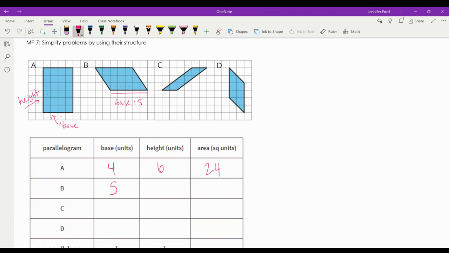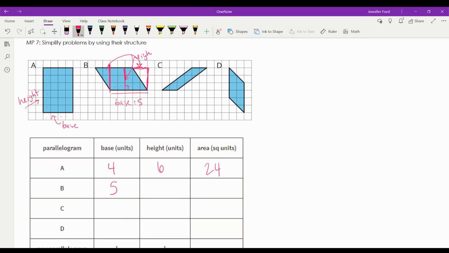And so this is where we're looking at structure. If I were to take scissors, and cut that piece off there and move it over here, I have now created a rectangle, and the height is this distance right here.